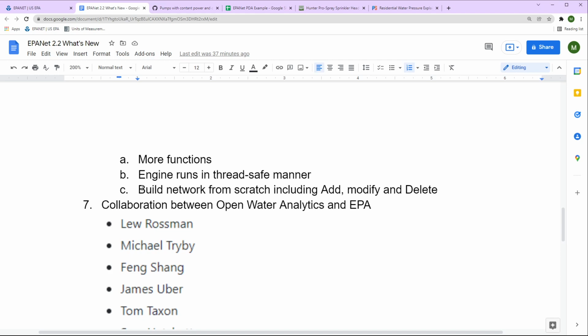You can theoretically build the network from scratch, whereas with the toolkit for EPANet 2.0, there's no adding or modifying or deleting of features to a network. You have to digitize it or import it from some other software.